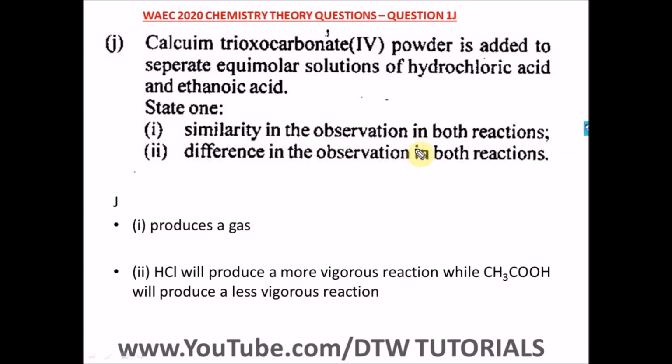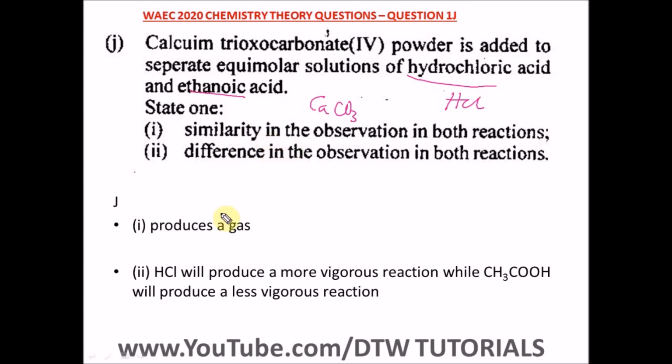1J, calcium trioxocarbonate(IV) powder is added to separate equimolar solutions of hydrochloric acid and ethanoic acid. What's the similarity and what's the difference? So calcium trioxocarbonate(IV) is added to hydrochloric acid and ethanoic acid.